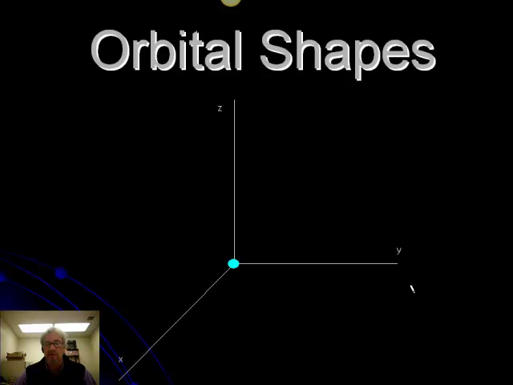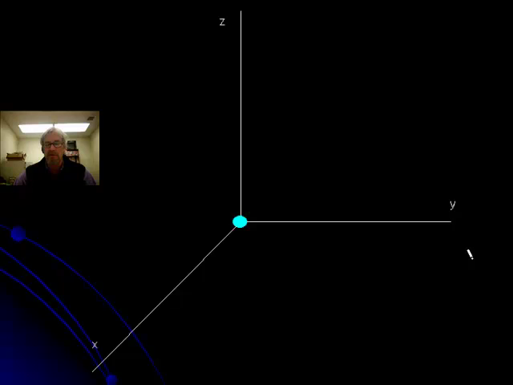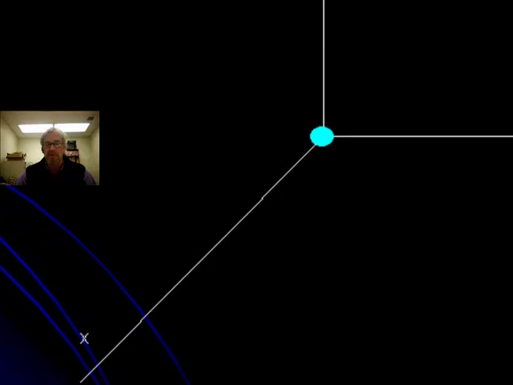Now here's X, Y, and Z axis, but we're going to think about these things in terms of polar spherical coordinates. So here's what that means. The nucleus is in the center of this axis, and that little round sphere there, I'm going to use that to designate where the electron is. Now one way that we can measure in spherical polar coordinates is how far you are from the nucleus. So that's r. That's one of our measurers.